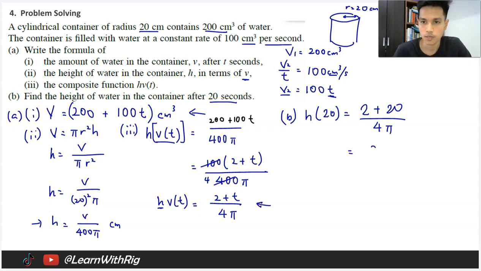You get 22 over 4 pi. You can leave your answer like this, or you can calculate it in decimal. Make sure you put the unit. If you calculate in decimal, you should get 1.75 cm. Okay, so these are your answers.